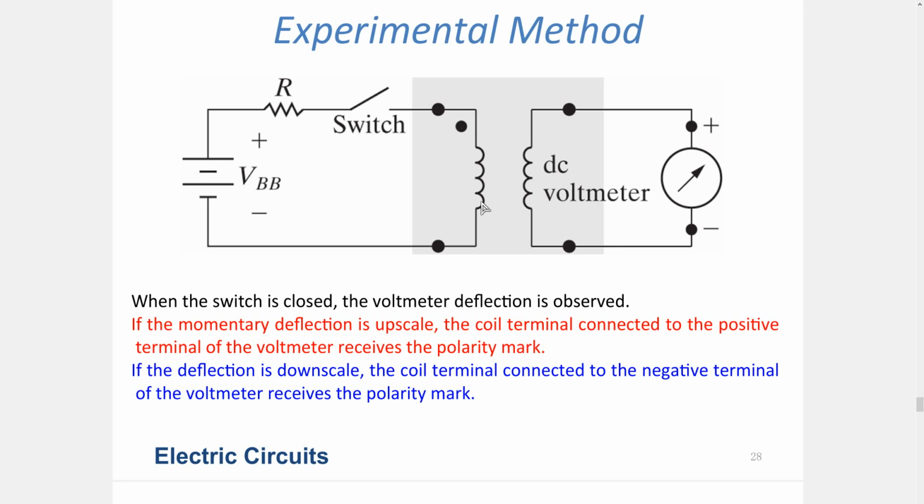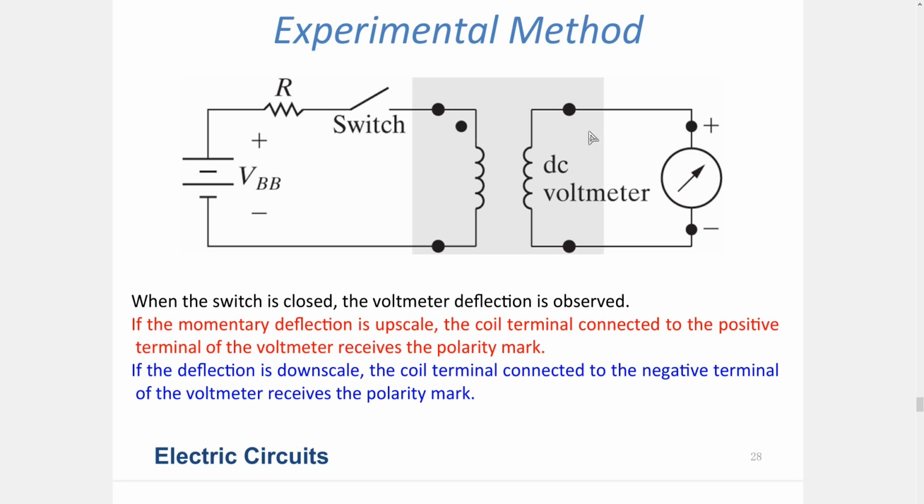Now, the key point is I arbitrarily choose that this is the positive side, and I just put a dot there. And when I close the switch, if the voltage spike that I observe on the other side is positive, then it means that the polarity is positive, so I put my dot on this upper side.